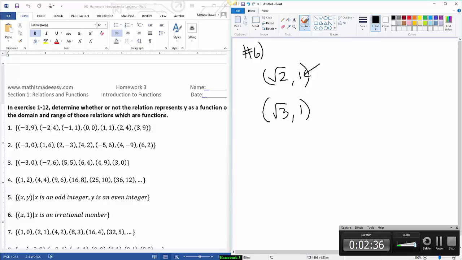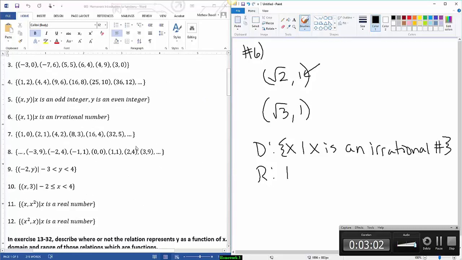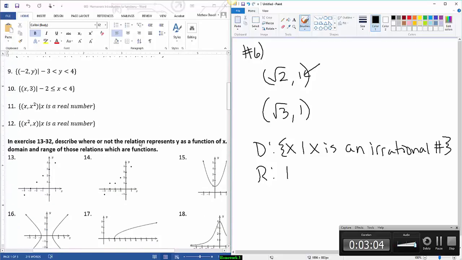And so my domain is going to be x such that x is an irrational number. We don't want to say x is all real numbers, because real numbers include the rational numbers. And my range is going to be 1, because it can only be 1. Cool. Let's look at the next section.